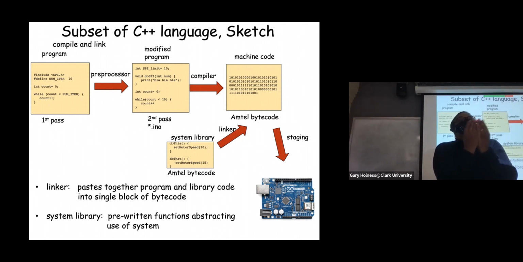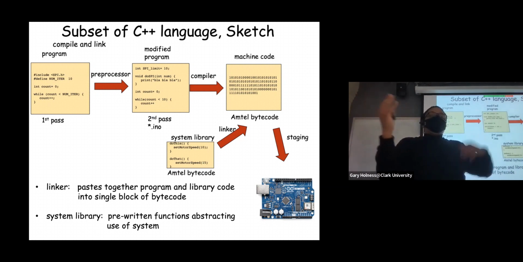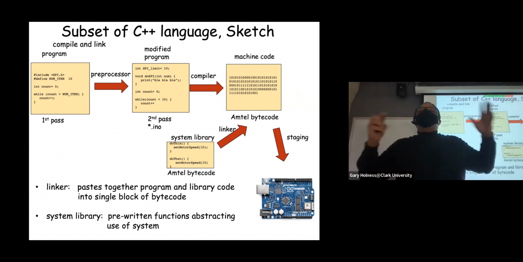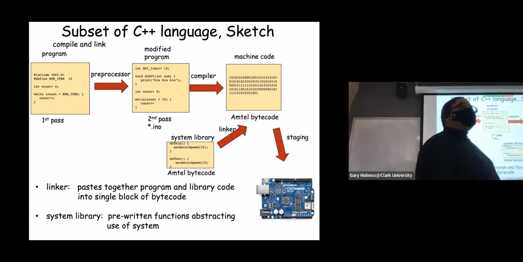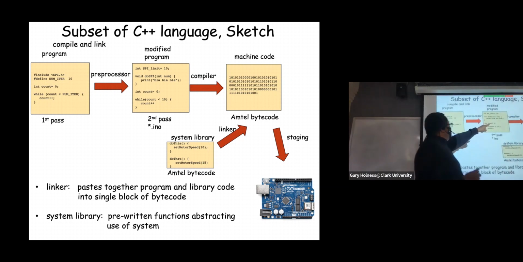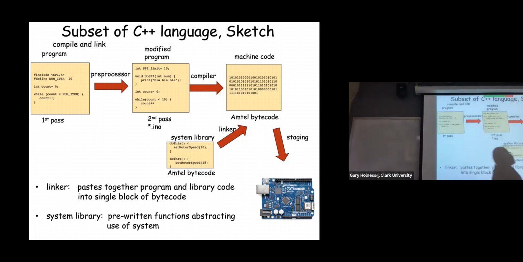Now that glued together system library bytecode with your bytecode, that's your program image, as it's called. And that's what gets loaded when you do the staging. Because you need that implementation, not just for the logic that you've implemented, you also need the implementation for the libraries. And then you take that image and you stage it, upload it to your board.